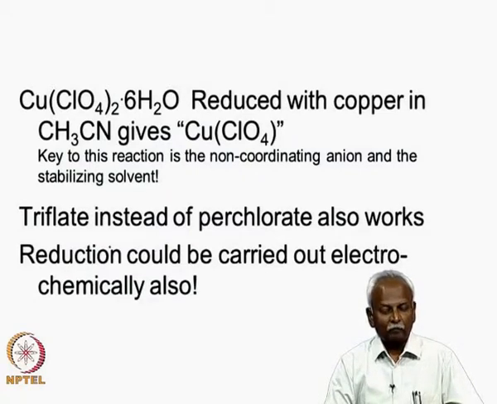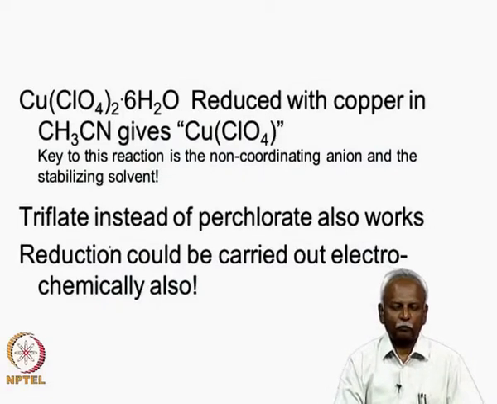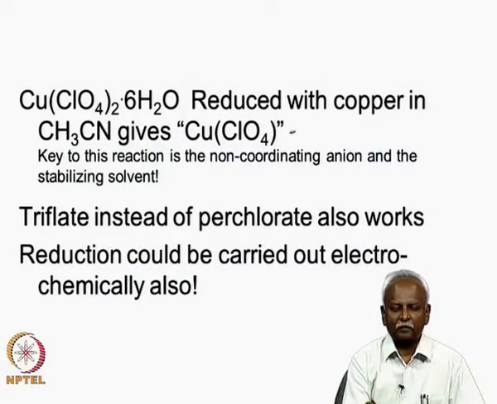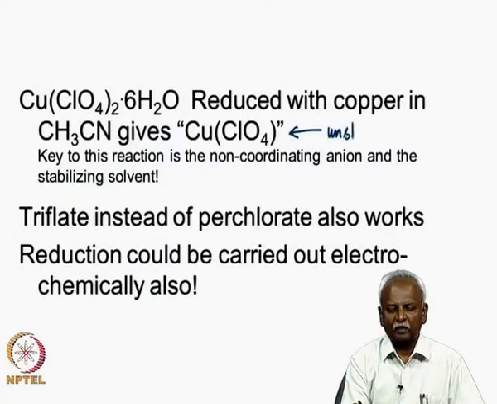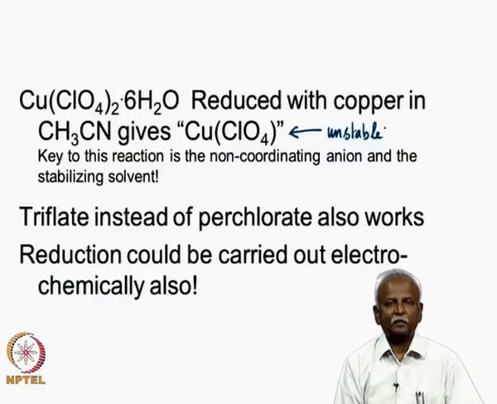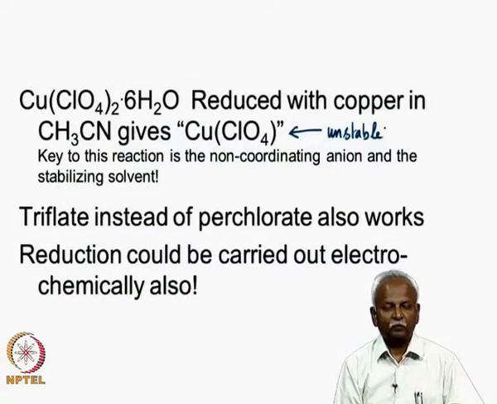So, it is possible to make copper perchlorate in the +1 oxidation state, which I have put within quotes, because this itself is an unstable system. It is only stable if acetonitrile is also present in the medium.